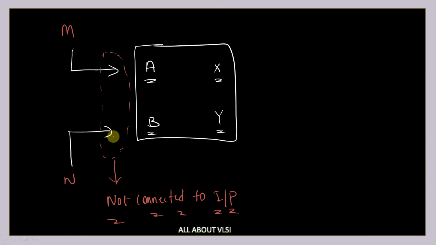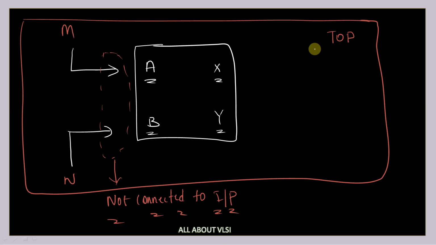During the instantiation of my design inside my top module, if I leave these ports unconnected, then I am going to get a compilation error. So you must always drive the inputs when you are instantiating your design inside another module. You must always connect your inputs. Here we are going to get a compilation error.